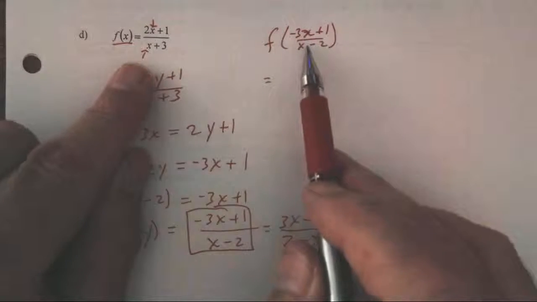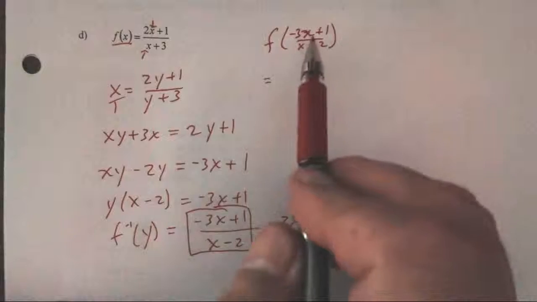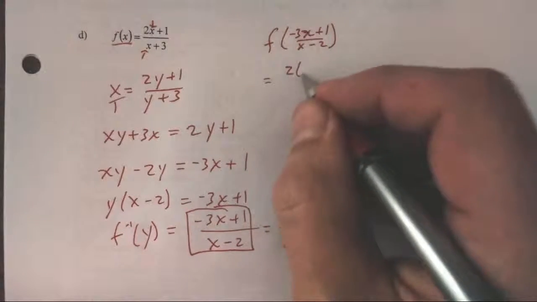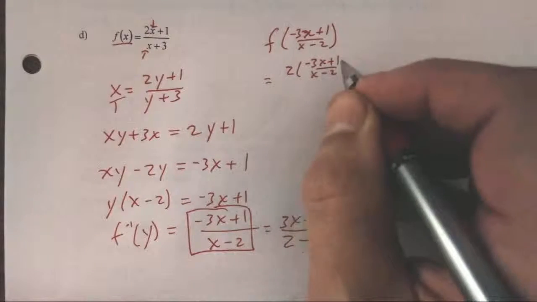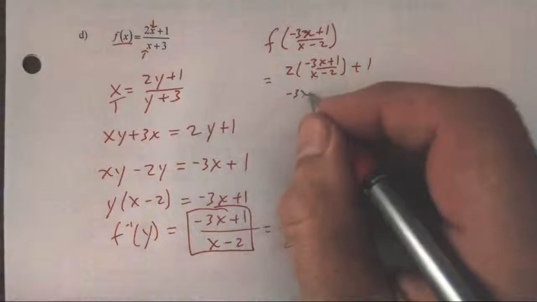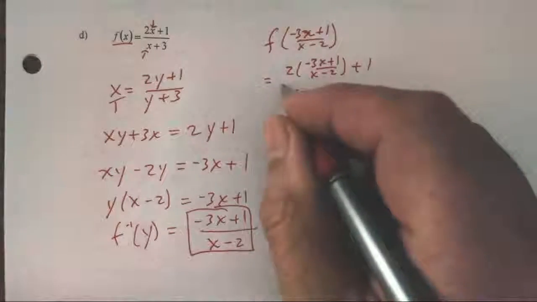I'm going to get a messy mess here. This whole thing is going to take the place of that x, and I get 2 times negative 3x plus 1 on x minus 2 plus the 1 equals negative 3x plus 1 on x minus 2 plus the 3.